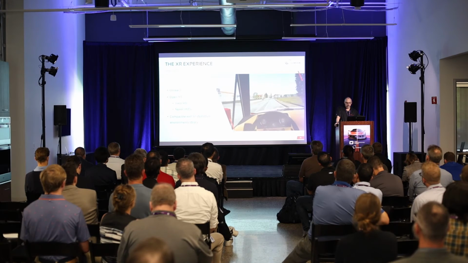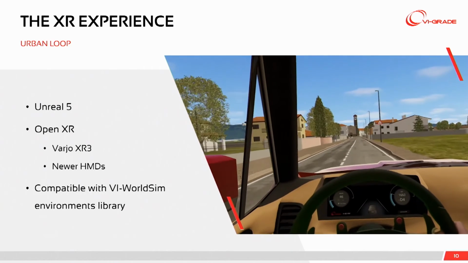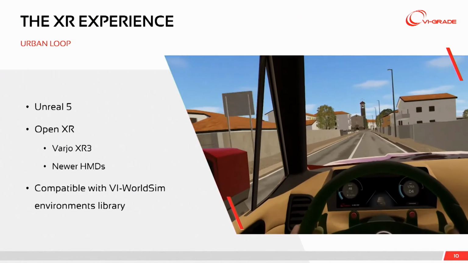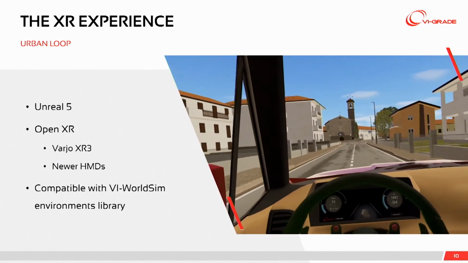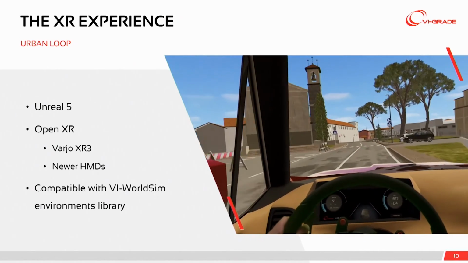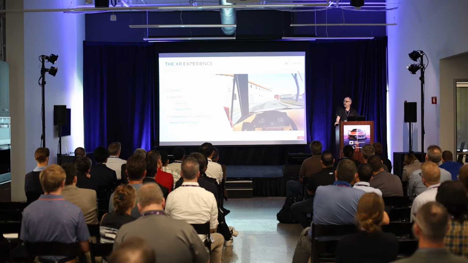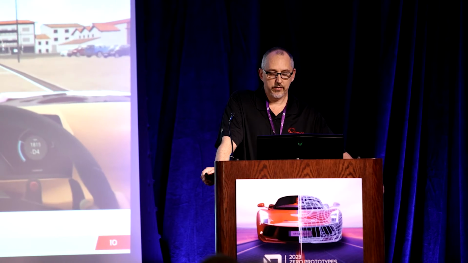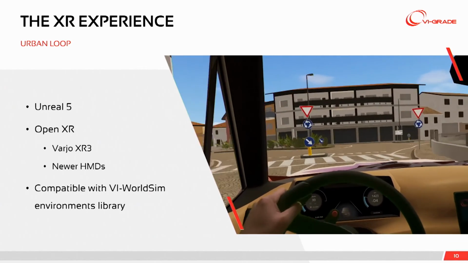This video that I'm showing here is an example that was done on a virtual track in our Udine development area. But the broadcast that you see is what you would expect from the software. And then, of course, what you see in the headset itself is a slightly different thing. And those headset technologies continue to improve, but this is representative of what the quality of the broadcast is in this Unreal 5 version of WorldSim.